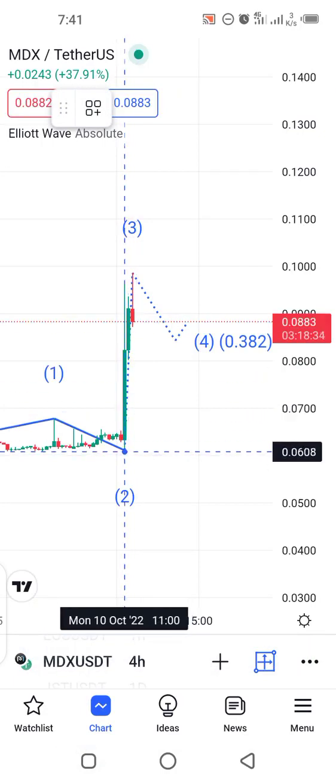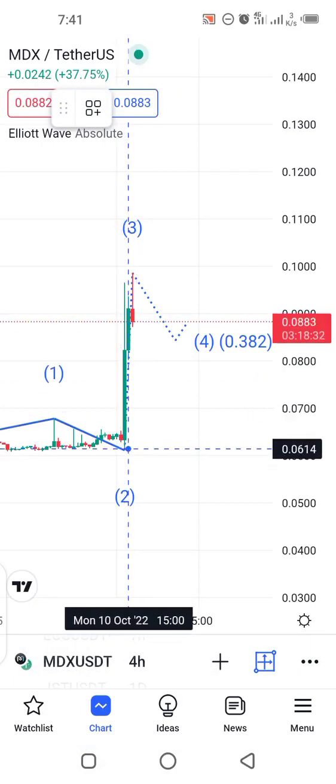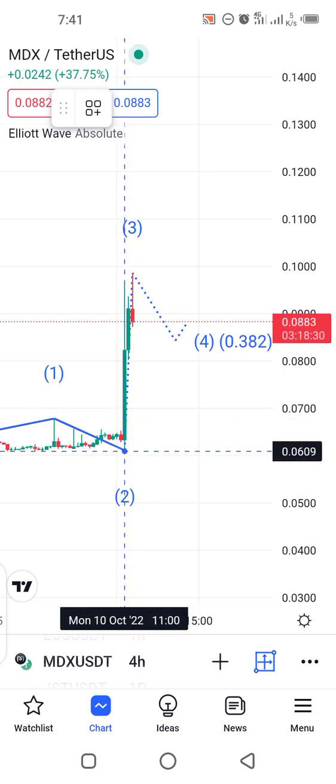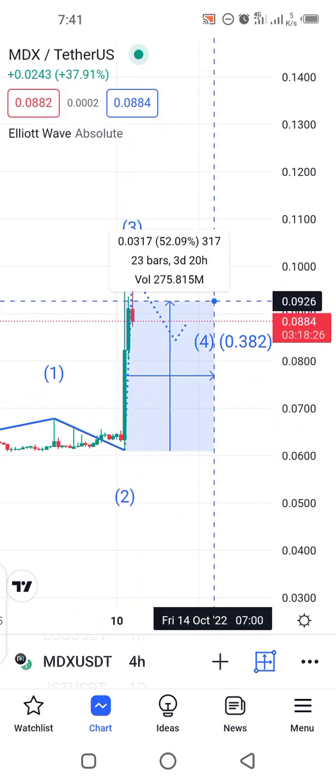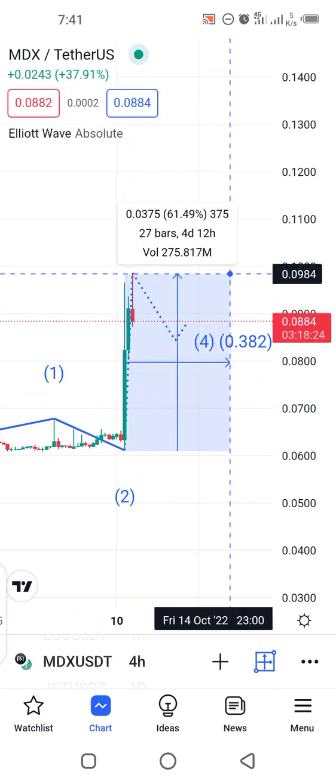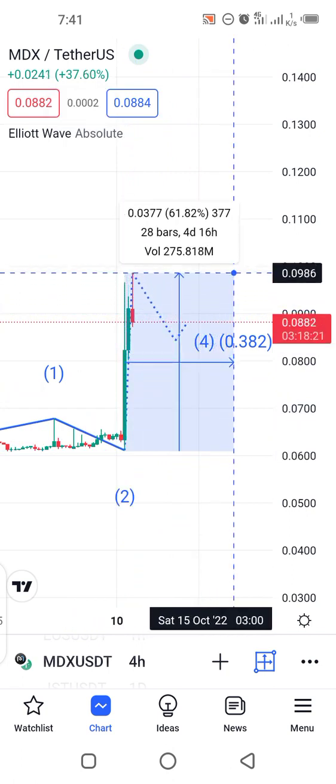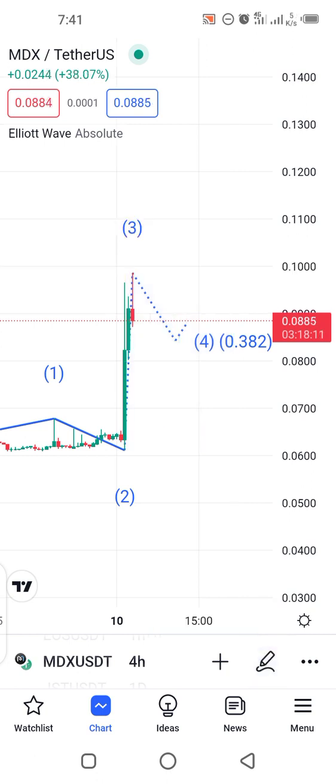If someone joined from here and used this indicator, I want you to go and test it. For this indicator to deliver up to the upper side of 3, it took 4 days and 16 hours to provide 61.82%.